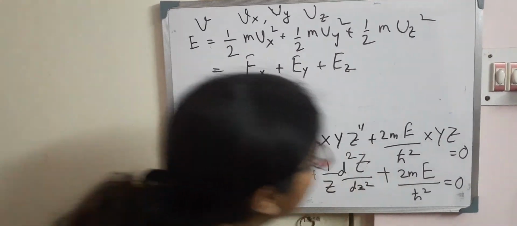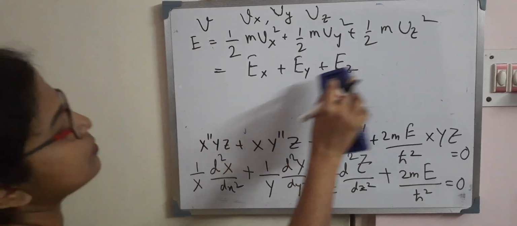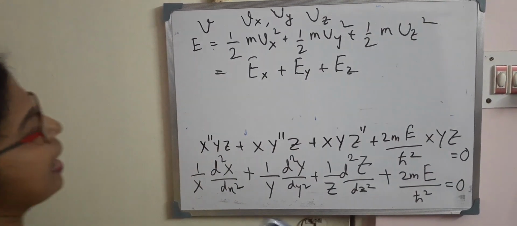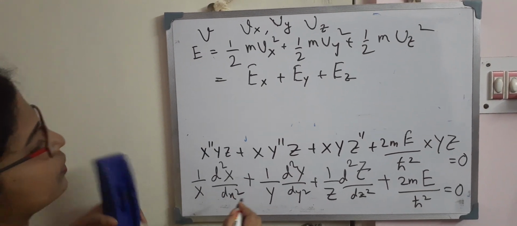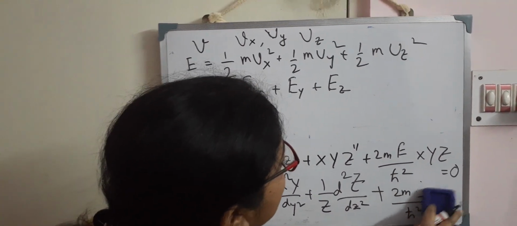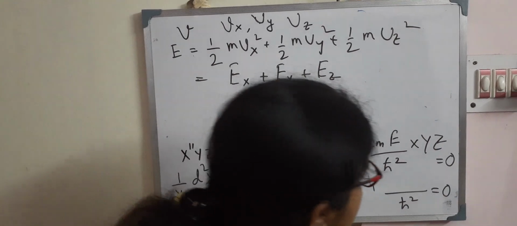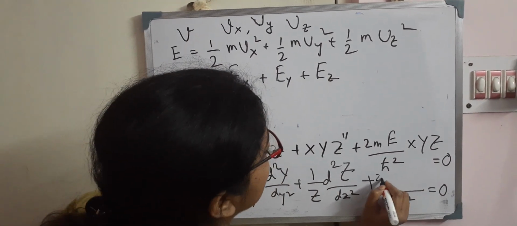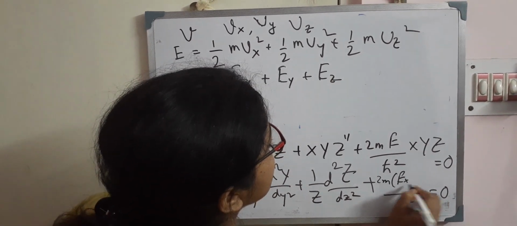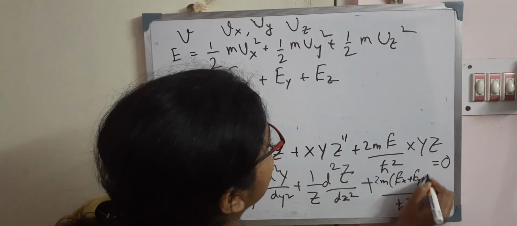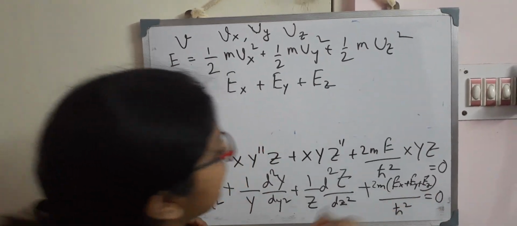So now I will replace this E as Ex plus Ey plus Ez and rewrite the equation. So here I am just replacing E by Ex plus Ey plus Ez. So plus 2m (Ex plus Ey plus Ez).